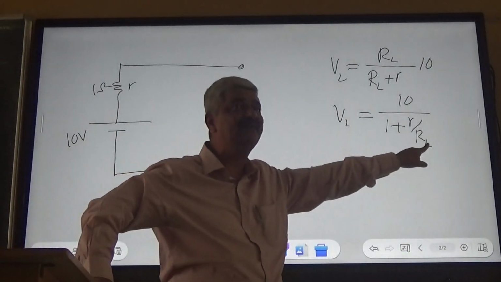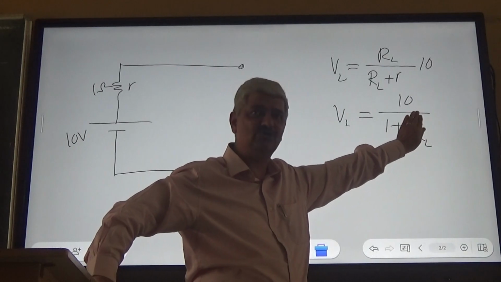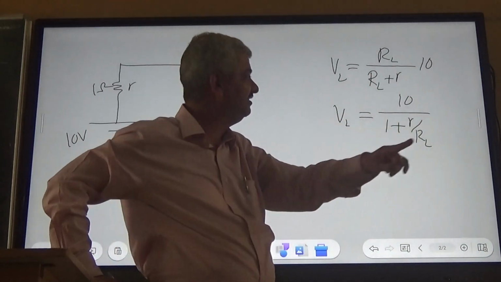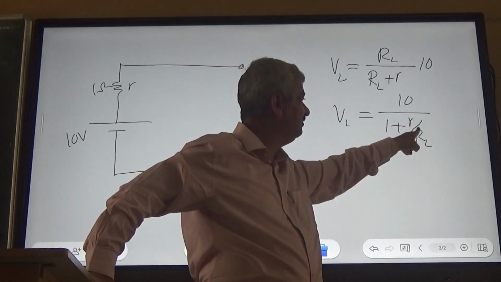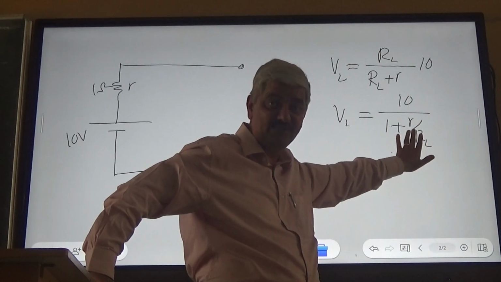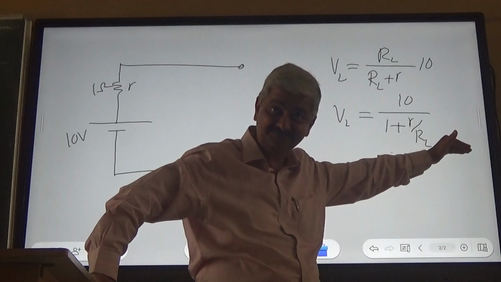What happened in this formula? When RL is infinity, this term was not there, so it was 10. When RL becomes finite, this term, which was 0 when RL was infinite, would be non-zero and positive. So it is 1 plus something.